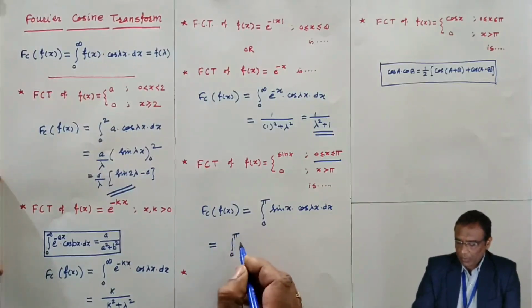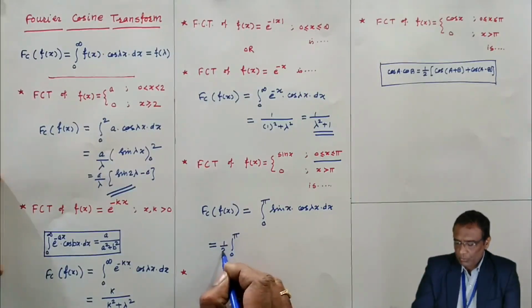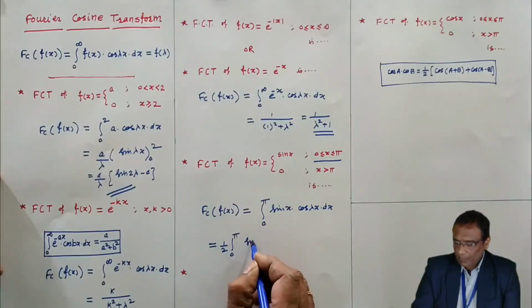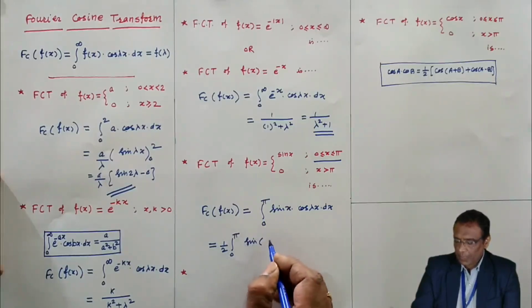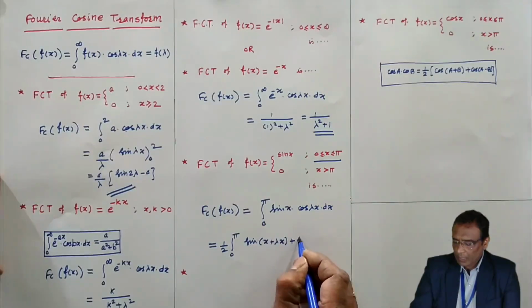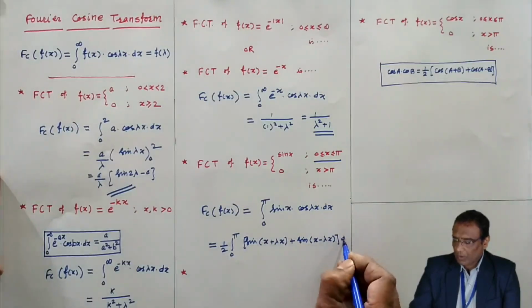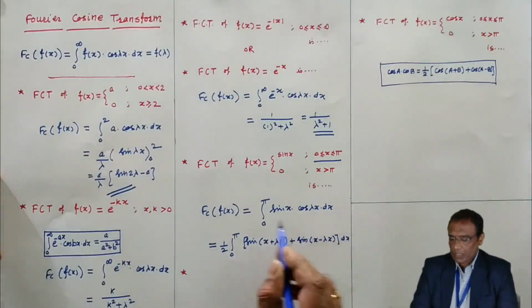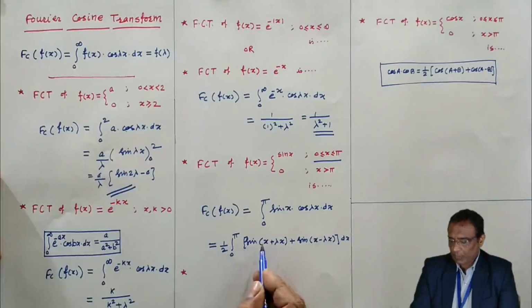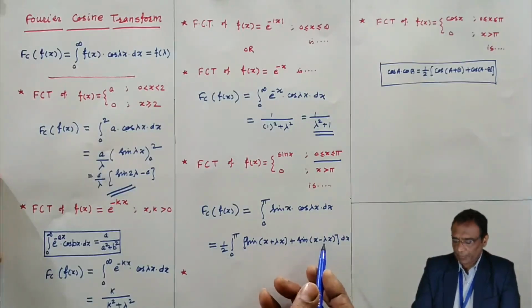Sin a cos b is 1 by 2 [sin(a plus b) plus sin(a minus b)]. This is the sin a into cos b formula.